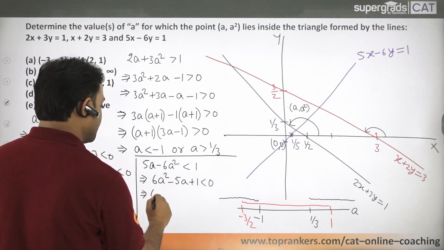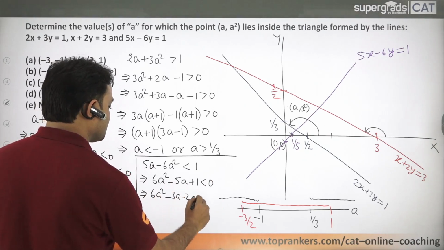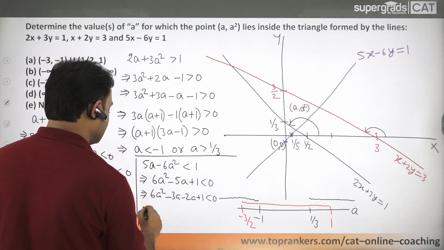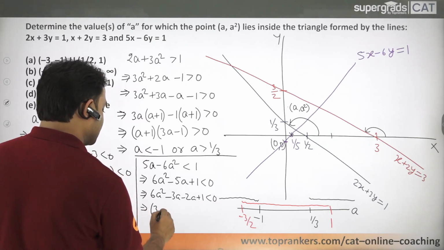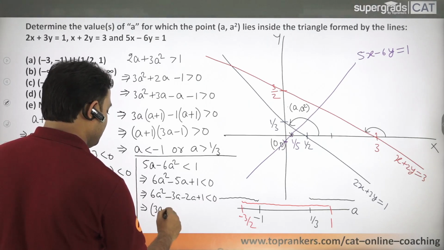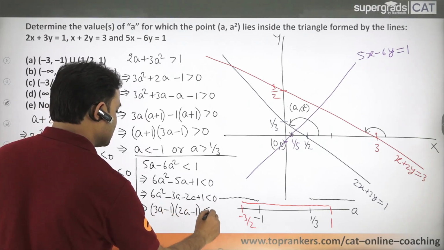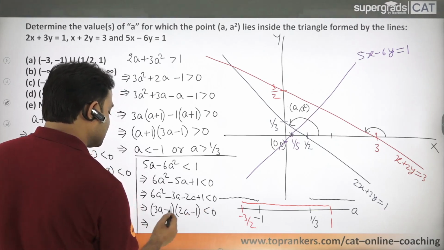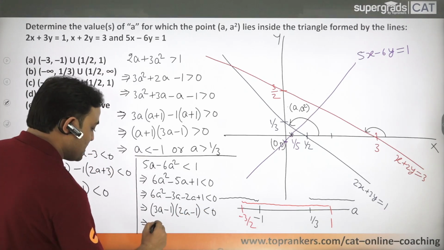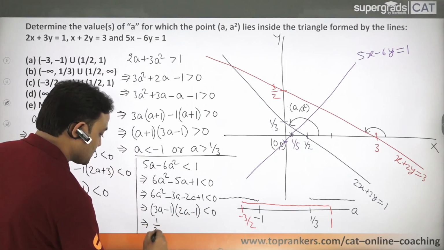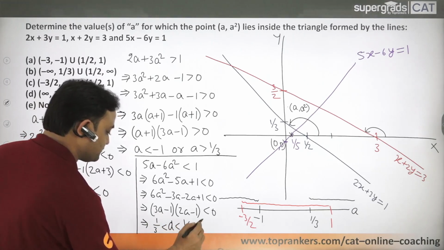Now we can break this: 6a square minus 3a minus 2a plus 1 should be less than 0. Take 3a common: 3a minus 1 and 2a minus 1 is less than 0. Critical points are 1 by 3 and 1 by 2. So a will lie between 1 by 3 and 1 by 2.